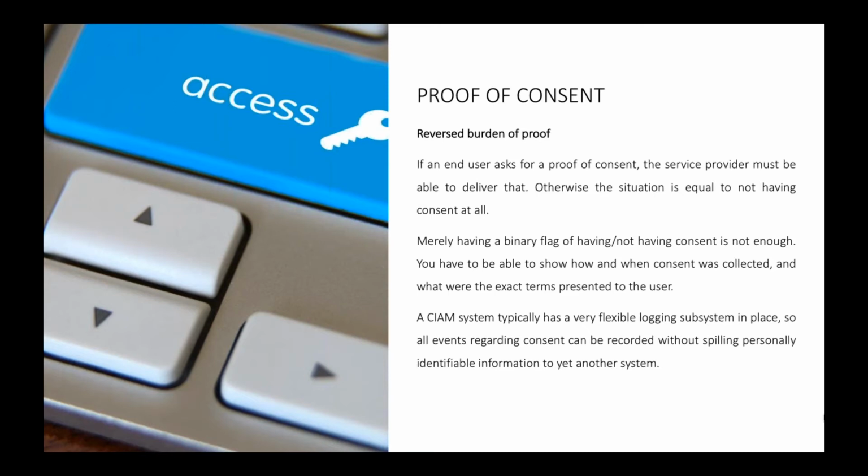This is quite a lot of effort to do if you have many applications on many platforms across your service. What CIAM brings is a central place to do that in a consistent way, so that when it comes time for a customer to get access to show that proof of consent, you can get that very quickly, even in an automated manner for the user in question.